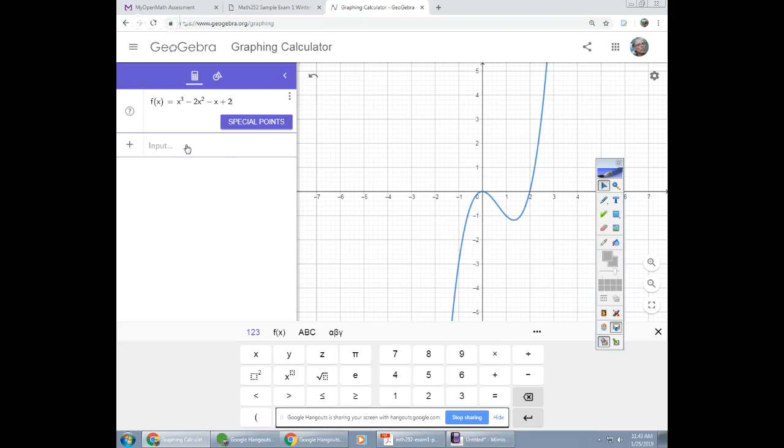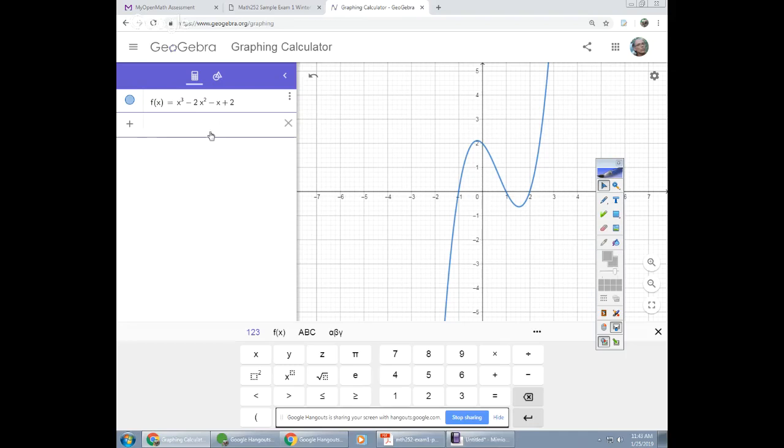I want to go from x equals -1 all the way, I think, to x equals 3. One thing I like about GeoGebra and Desmos is I can have it draw those lines, x equals this, x equals that, so I can see where I'm working. So I have this positive hump, this negative hump, and then this positive section over here.